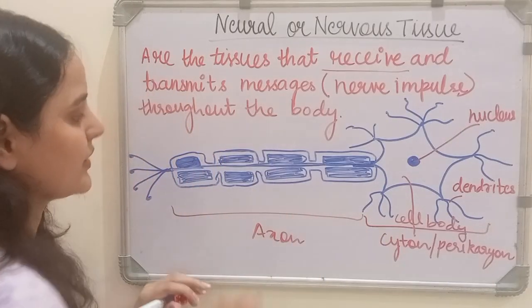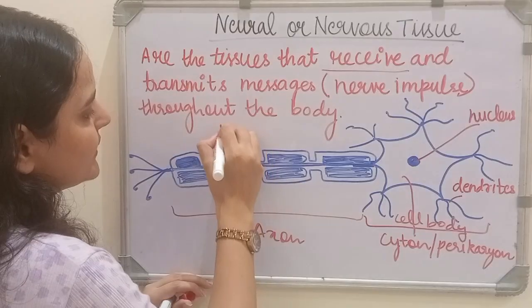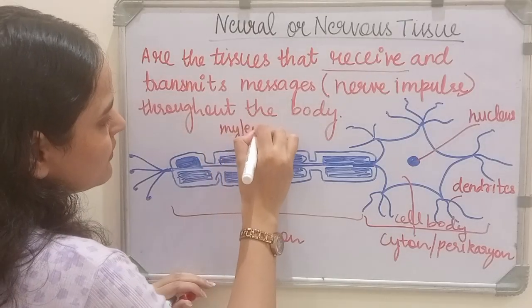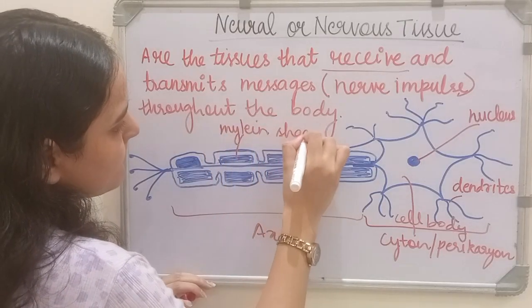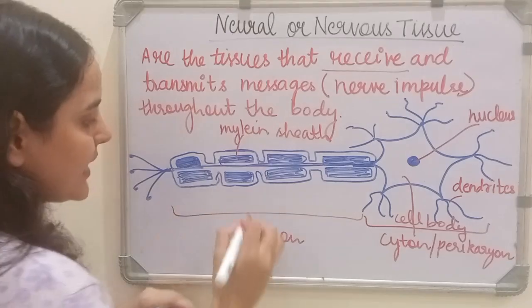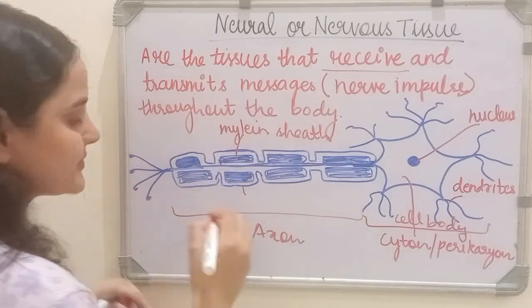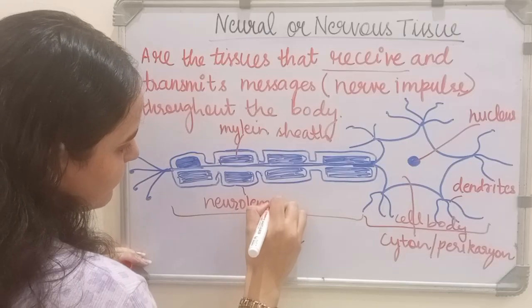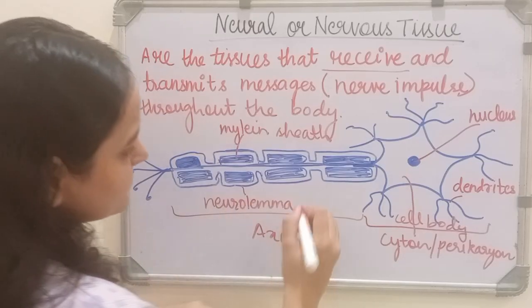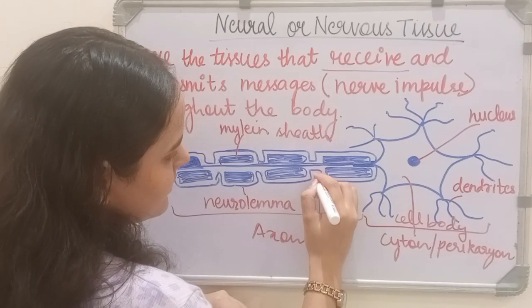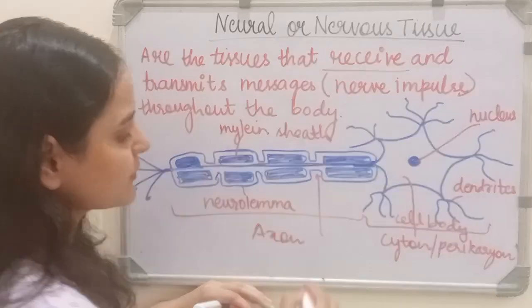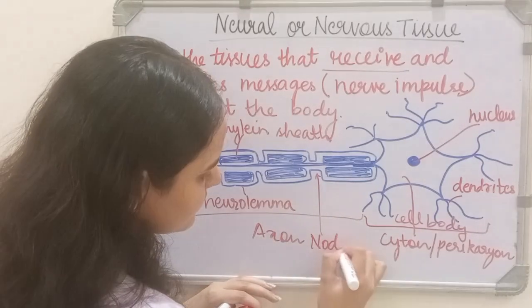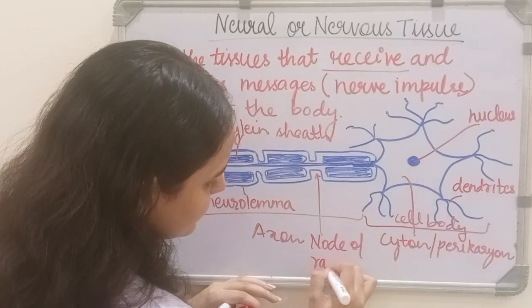Okay, in axon. Now this is the myelin sheath. Okay, and this outermost layer is the neurolemma. Okay, and this small depression is known as node of Ranvier.